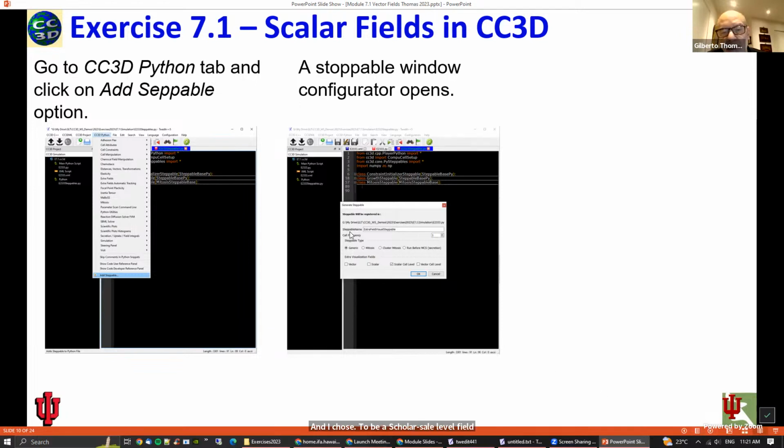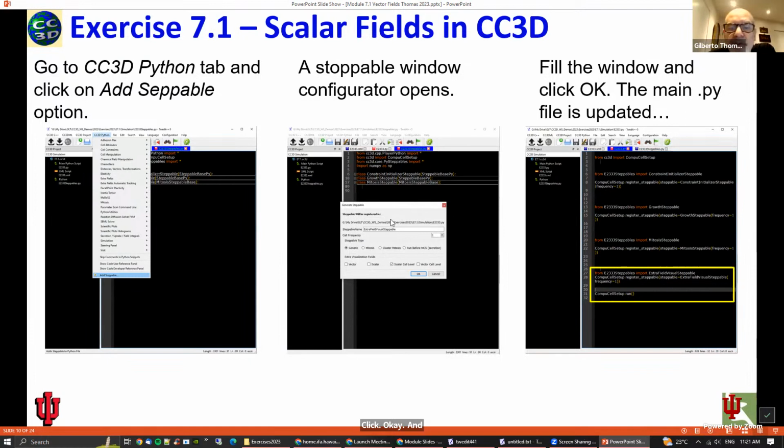Click OK. And immediately, the first thing is the intermediate file, the main Python file, will have included the code for that steppable I just created automatically. You don't need to worry about it.